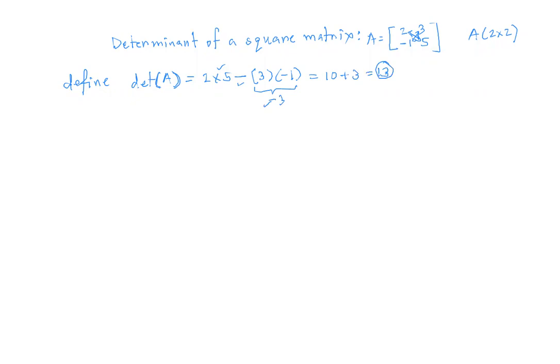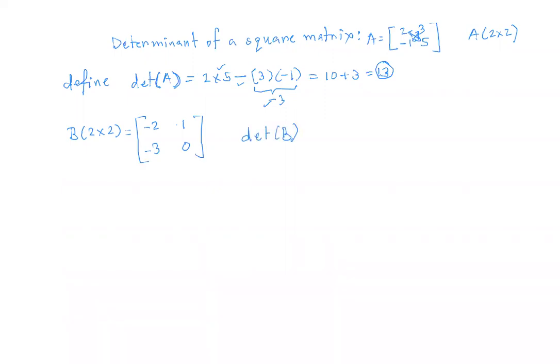Let's define another 2 by 2 matrix. We're going to start off with a 2 by 2 matrix, and then expand it to 3 by 3 or any arbitrary n by n matrix. So 2, -2, 1, 3, -3, 0, just to make it up. What is the determinant of B?